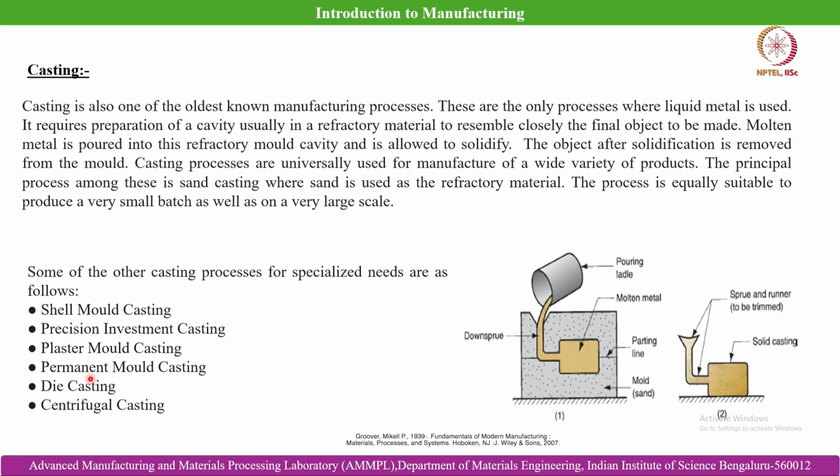In terms of the speed of the processing technique, we classify metallic mold based casting processes as die casting, which can be further classified as high pressure die casting and low pressure die casting. Based on the chamber temperature, we can classify die casting as cold chamber and hot chamber die casting. Other processes are plaster mold casting, centrifugal casting, etc.